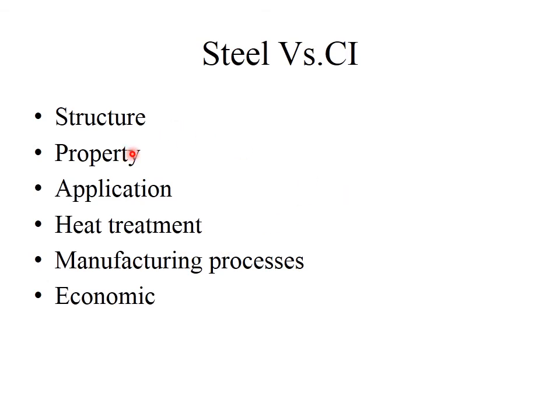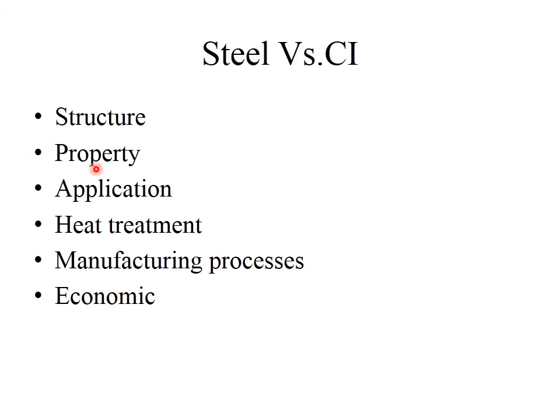The second is property, which is very important for comparison of any material, not only steel and cast iron, but for any material, the property is a main component for comparison. So property of steel and property of cast iron. What about the tensile strength?